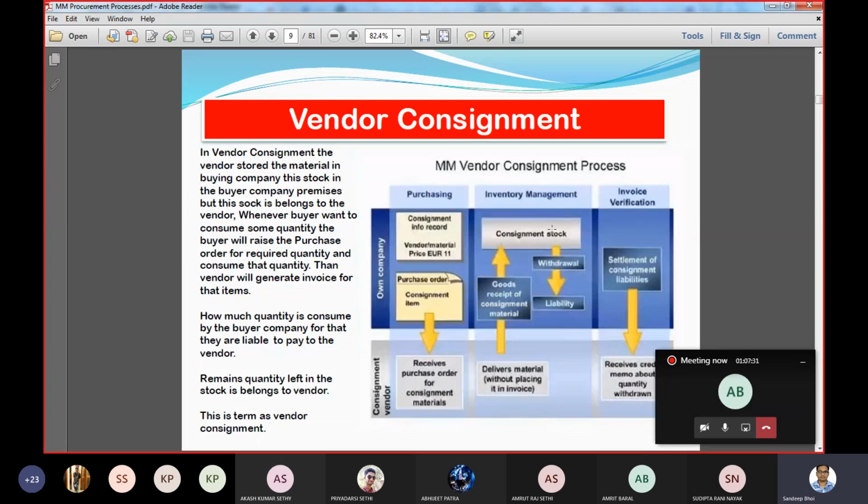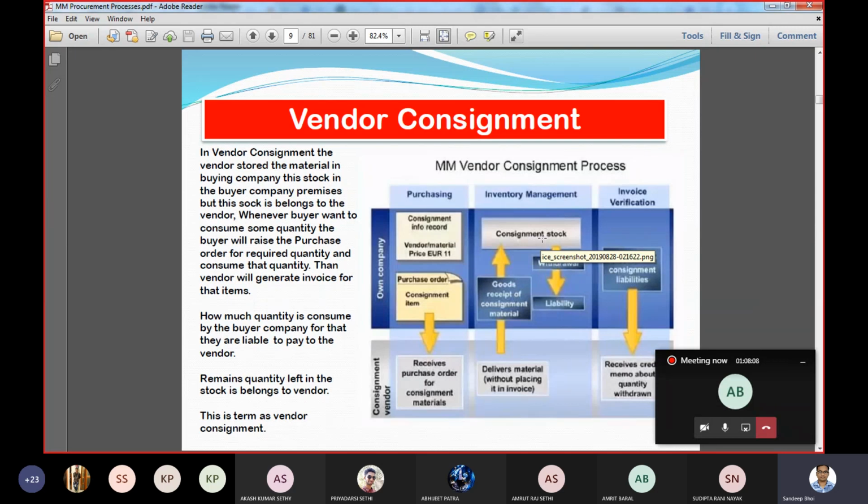For however much consignment stock you withdraw, you have to pay the vendor for that particular quantity, and that is called a liability. You can ask the consignment vendor to give the settlement. Settlement means that for that particular amount of units you need to pay. The rest of the consignment stock will still be with the company.